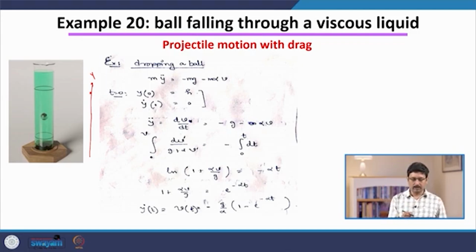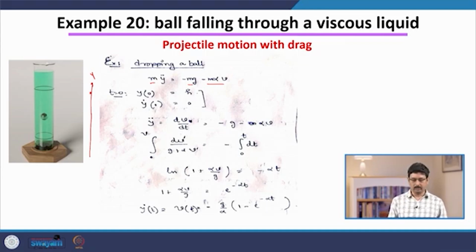What are the forces acting on the ball? Let us say the mass is m. The force acting is its weight mg downwards, and then we have this drag force. Now, we are going to use minus here, but the sign can be positive or negative depending on the sign of the velocity.